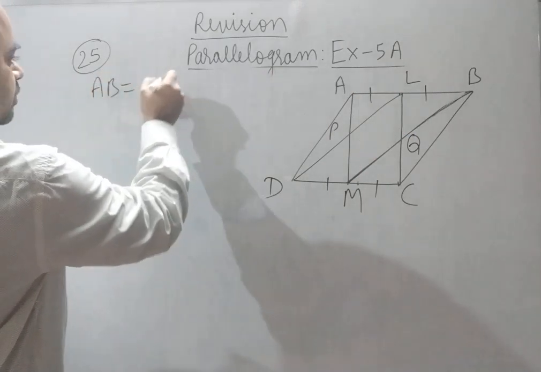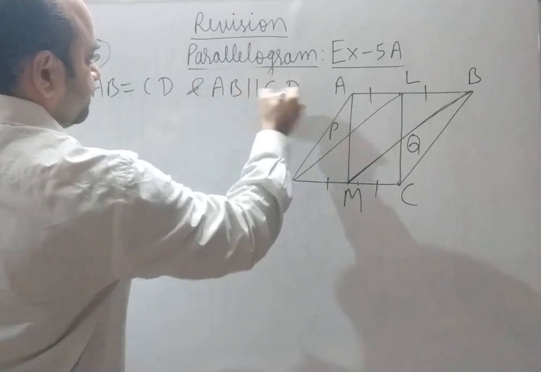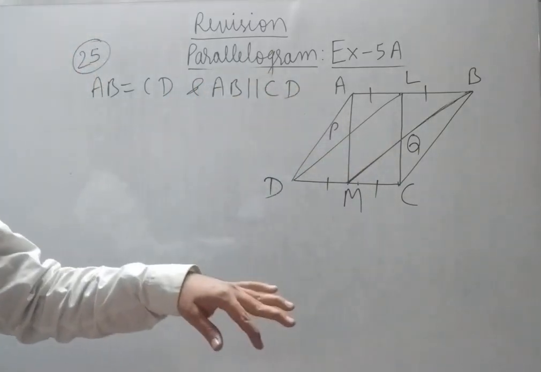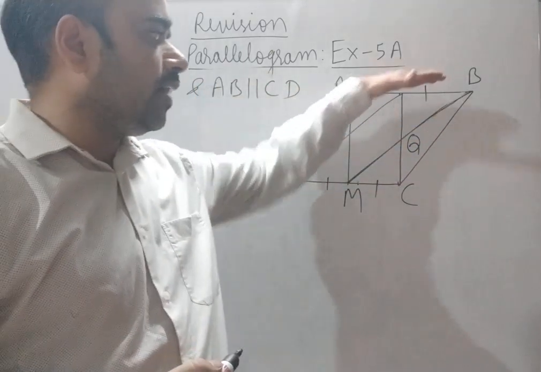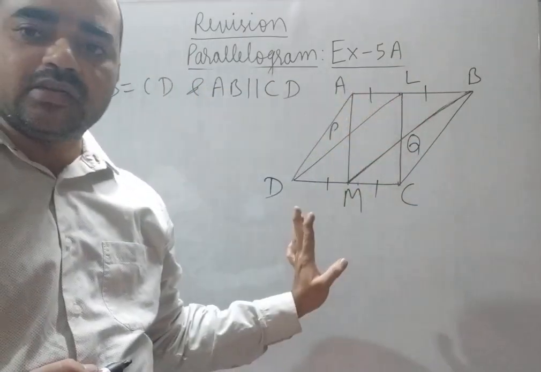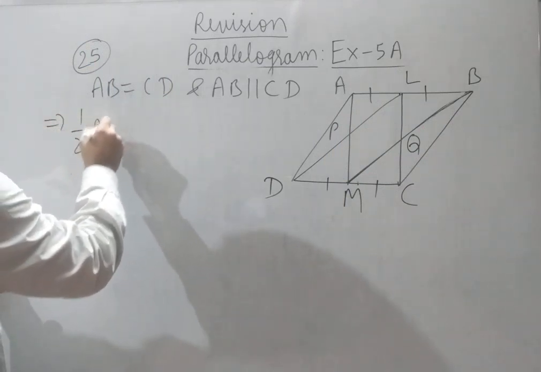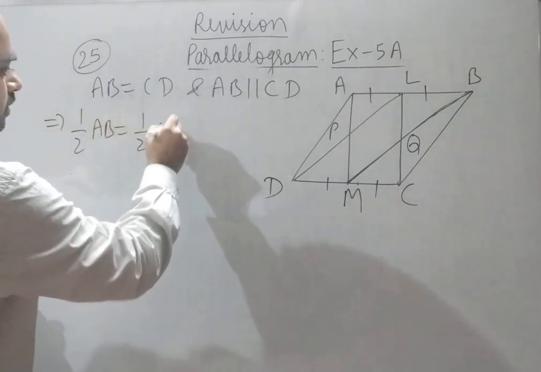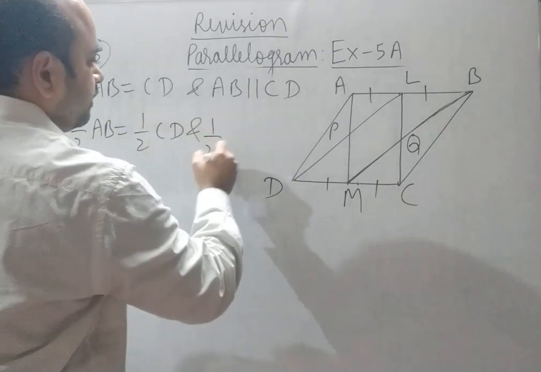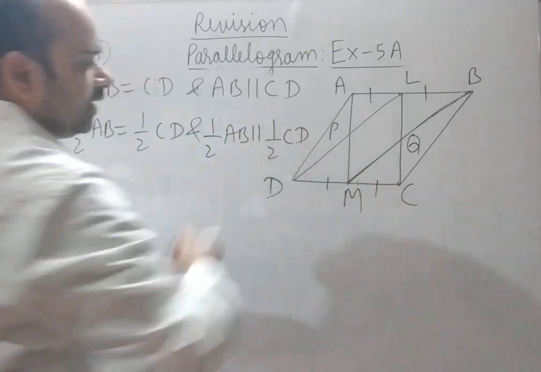Okay, first of all, AB equal to CD and AB is parallel to CD, or not? Why? ABCD is a parallelogram, correct? In a parallelogram, opposite sides are equal. So AB equal to CD and AB is parallel to CD. Therefore, half AB will be equal to half CD and half AB will be parallel to half CD.